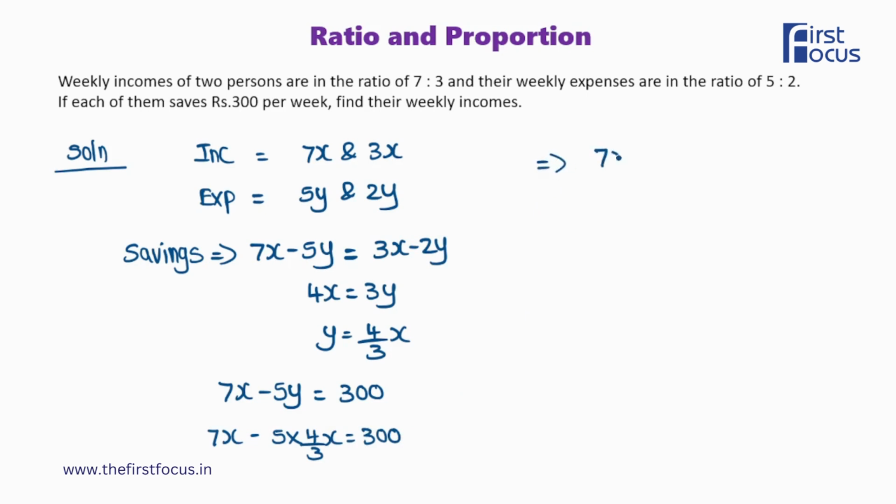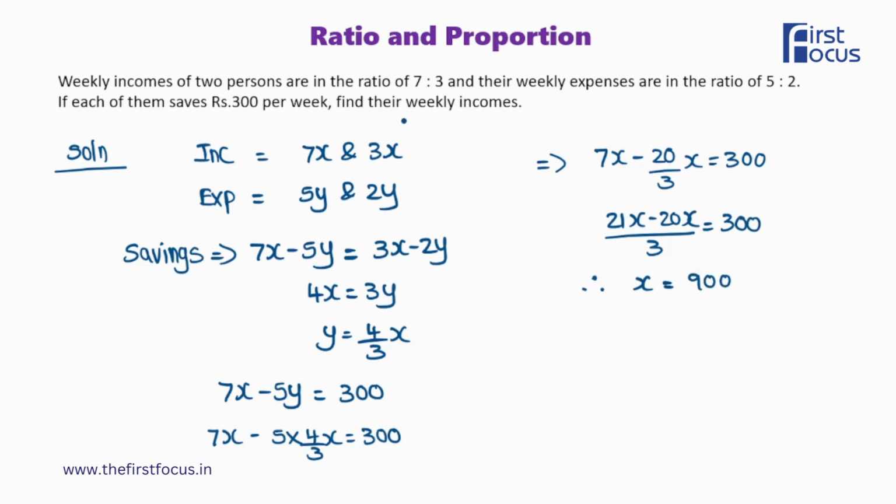So we get 7x minus 20 by 3x is equal to 300. On taking LCM, we get 21x minus 20x by 3 is equal to 300. So the value of x will become 900.